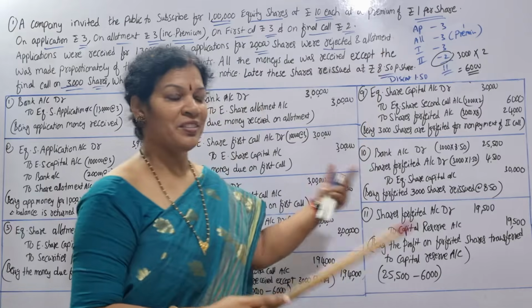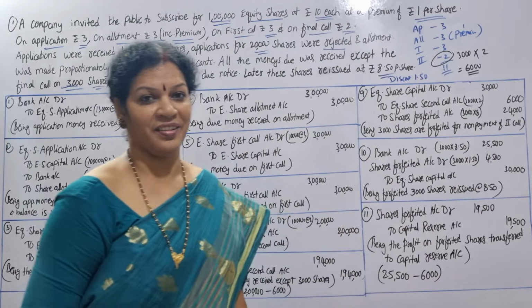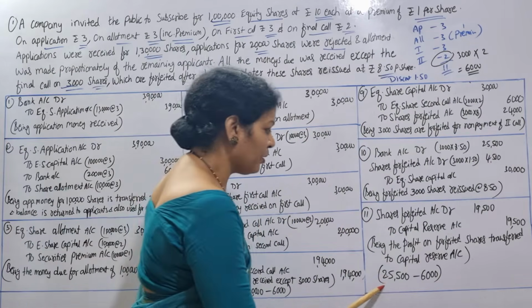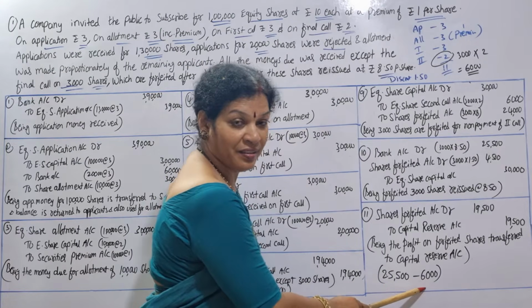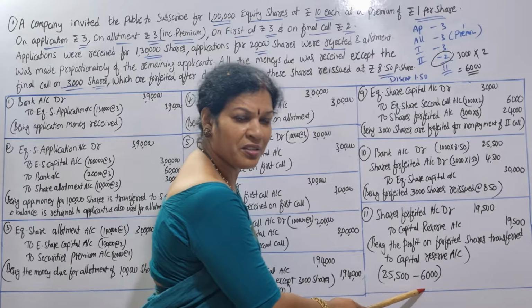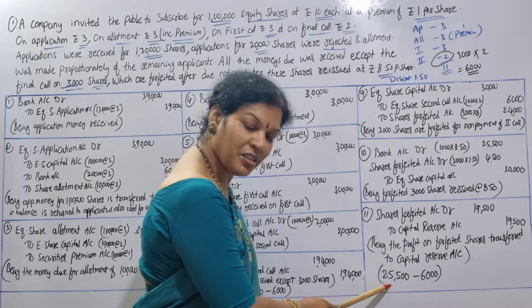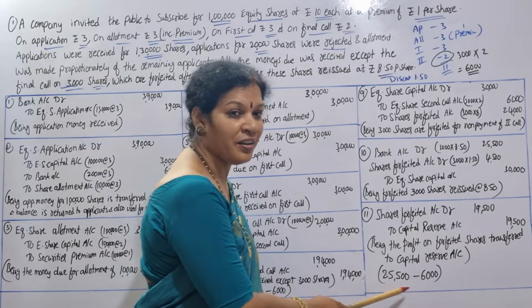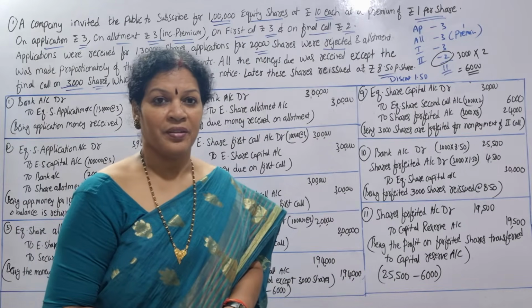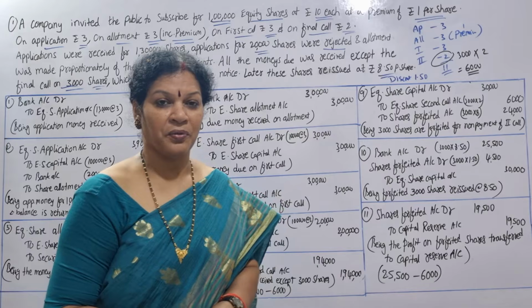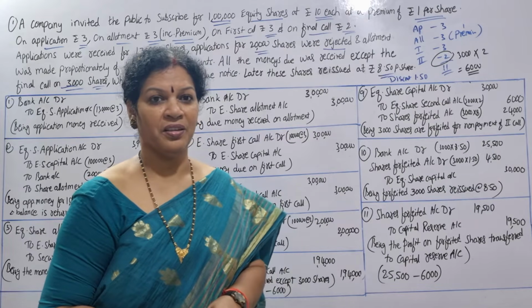But the company is issuing the same shares for 25,500. It means the difference is profit, right? Are you getting it? The difference is profit. That profit we are transferring to the reserve.